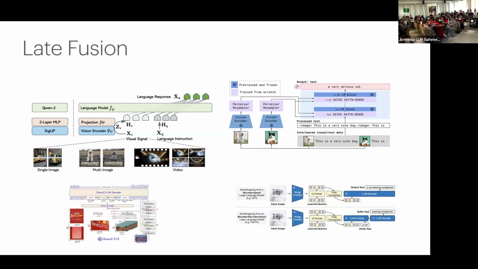Like on the bottom left, I think this is the Qwen VL 2.5 paper. Again, if you look at this, there's a million things going on, because you have to work around the fact that these are individually trained models. Again, very surprising that this works, but it turns out that it works well to some degree.